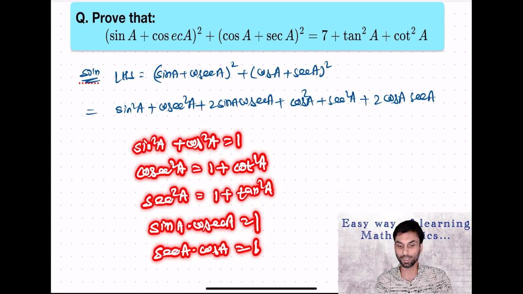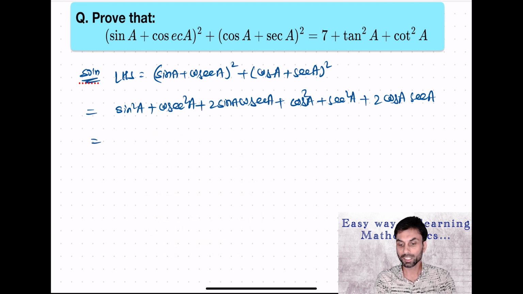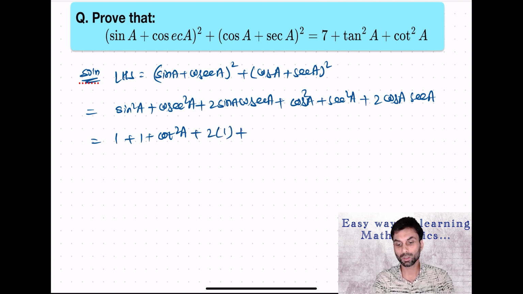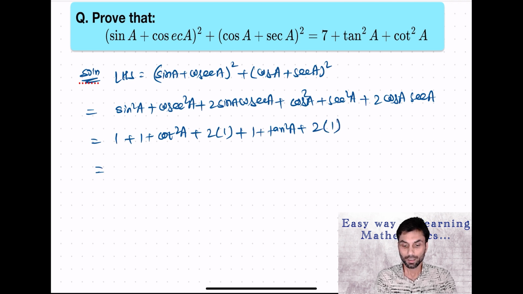If we use that, we'll be getting sin square A plus cos square A will be 1, plus cosec square A, we can write it as 1 plus cot square A, plus 2 into sin A into cosec A which is 1, plus sec square A, we can write 1 plus tan square A, and then 2 cos A into sec A we can write 1, which will be 2.